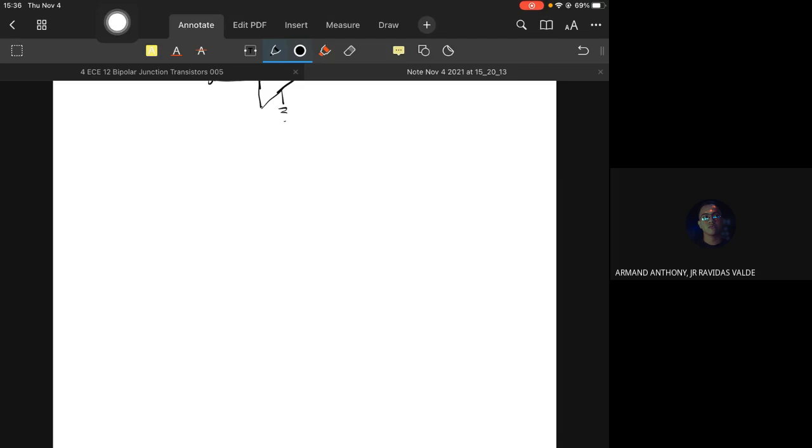So, let's consider one of the configurations that we've discussed previously. Let's start with the emitter bias. This is the DC analysis of the emitter bias configuration, with RC, RB, and RE.